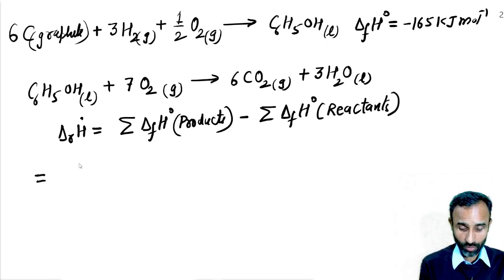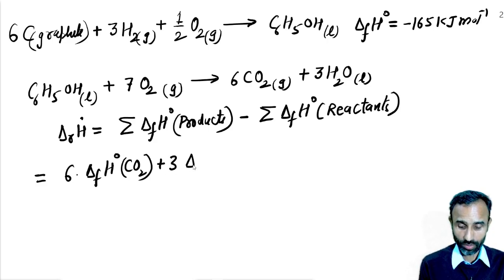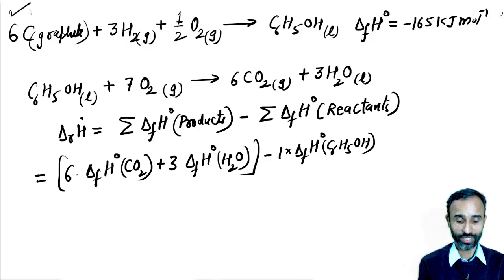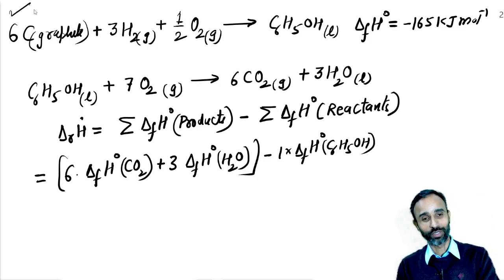So now it is 6 into the standard enthalpy of formation of CO2 plus 3 into the standard enthalpy of formation of H2O minus 1 into the standard enthalpy of formation of phenol. That means there is no need to write this equation, but anyhow, it is good for you.